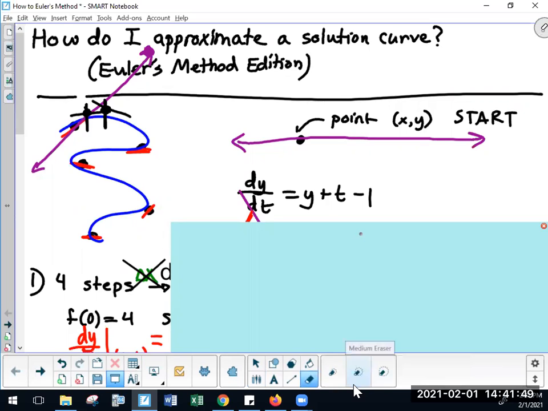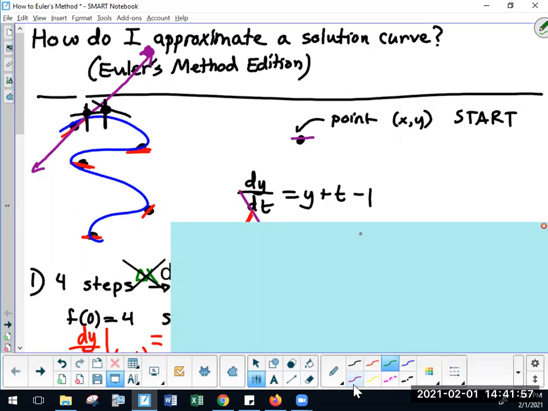So what I do is I cut the tangent line down. And where I cut the tangent line, that's the step size, the delta x, or in this case, delta t. So how much horizontal bit of the tangent line am I doing?